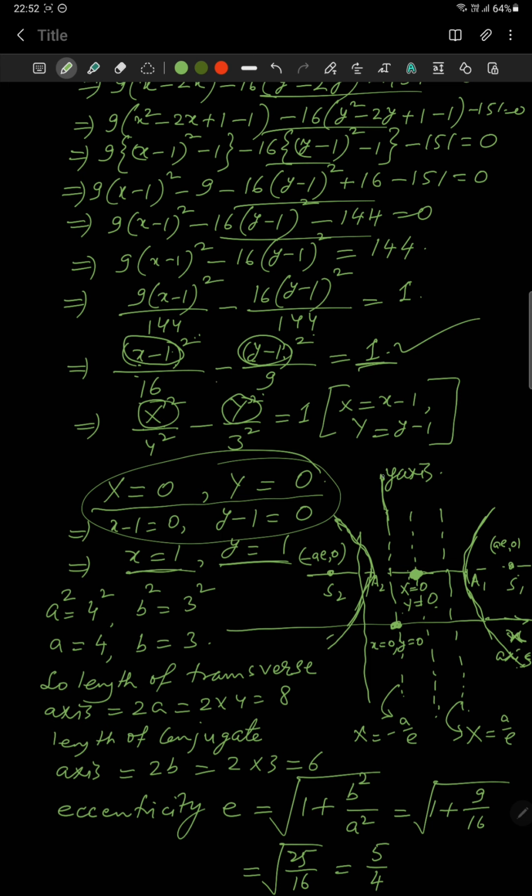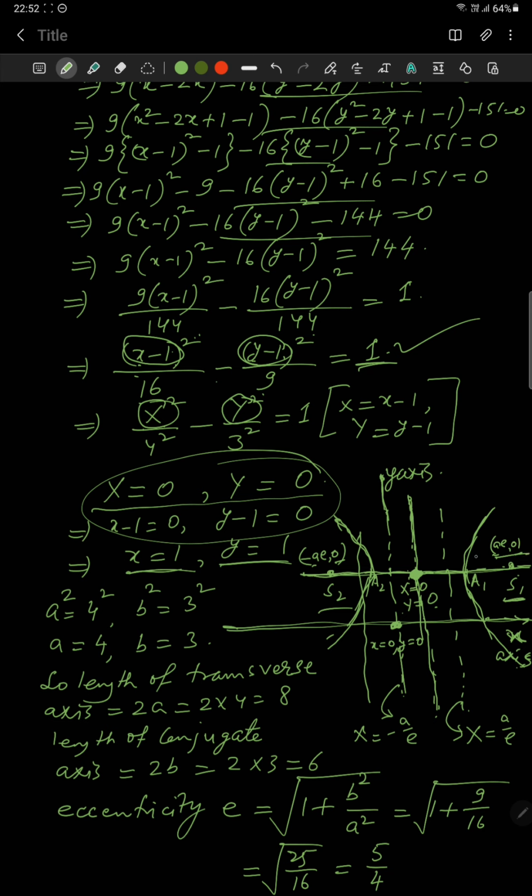Alright, this one is your y-axis and this one is the x-axis, and this one is the axis of the hyperbola, meaning this one is the conjugate axis and this one is the transverse axis of the hyperbola. And focus S1 is (ae, 0), S2 is taken as (minus ae, 0).